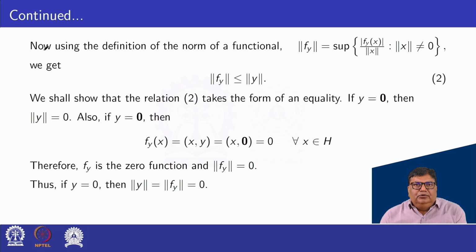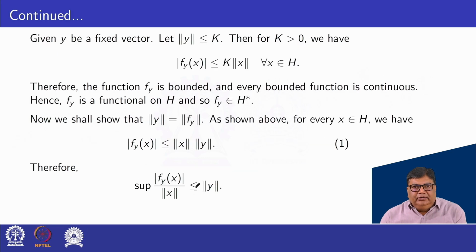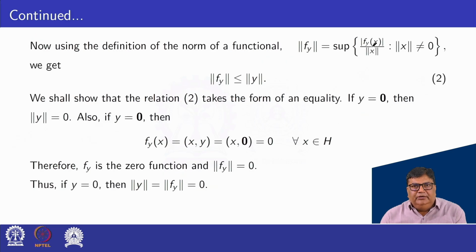As per the definition of the norm of a functional, norm Fy is equal to the supremum of mod Fy(x) upon norm x such that norm x is not equal to 0. So we have norm of Fy less than or equal to norm of y, equation 2.